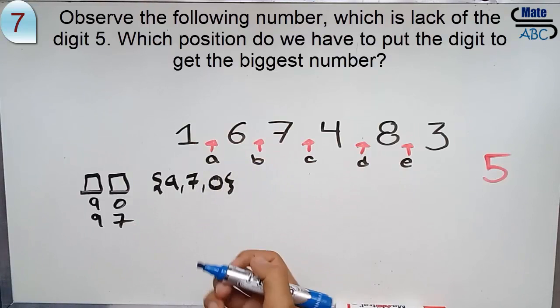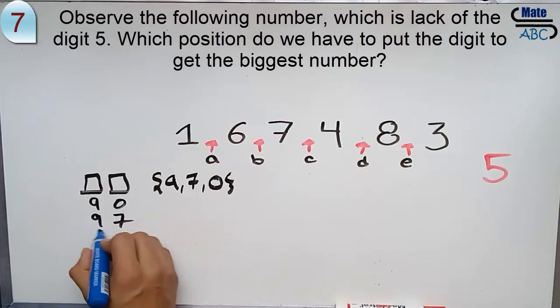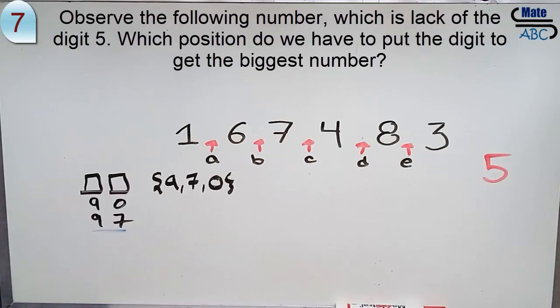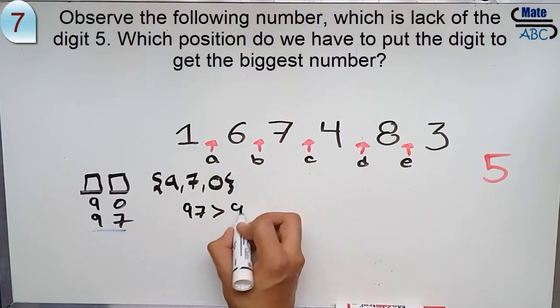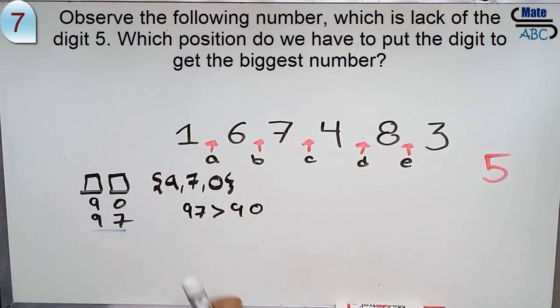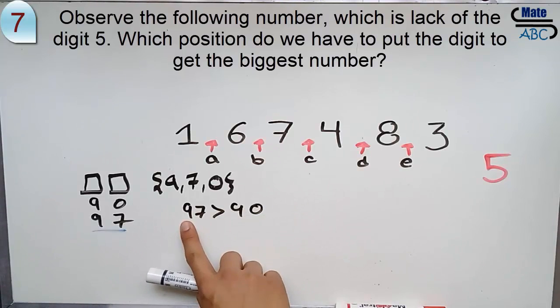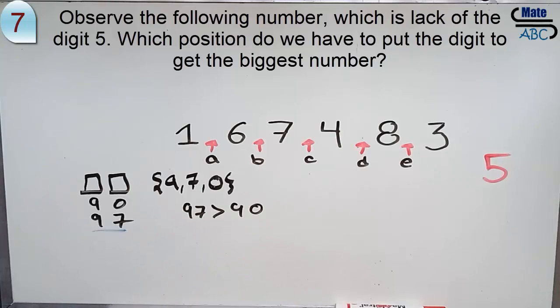Well, the answer is that this is greater, no? And why is this? Well, as you know, 97 is greater than 90 because in the first position they are equal, but in the second one, 7 is greater than 0.